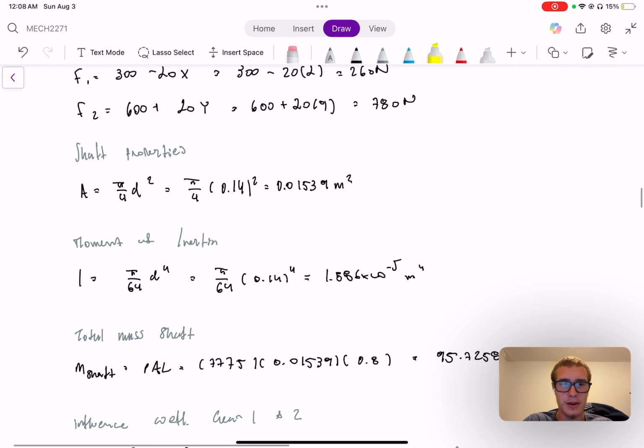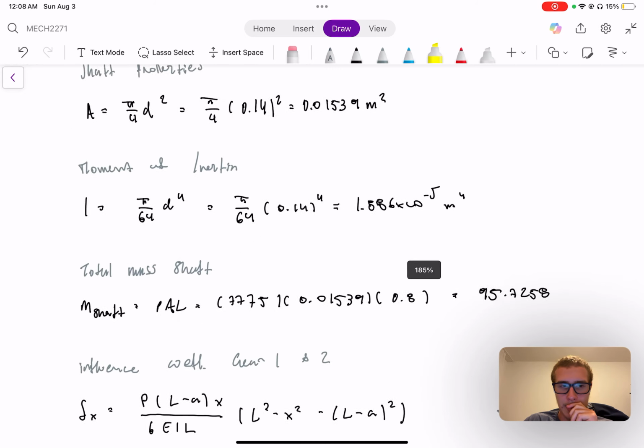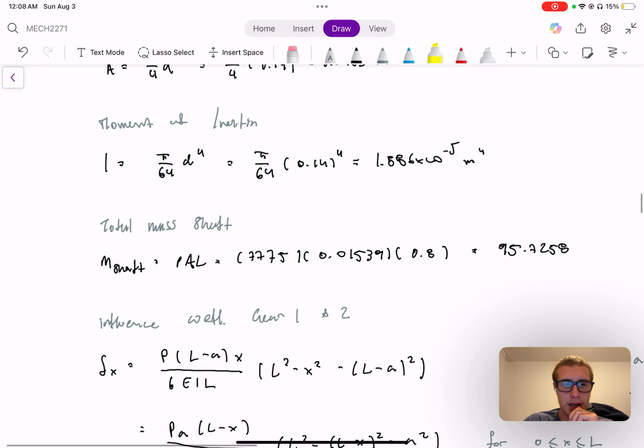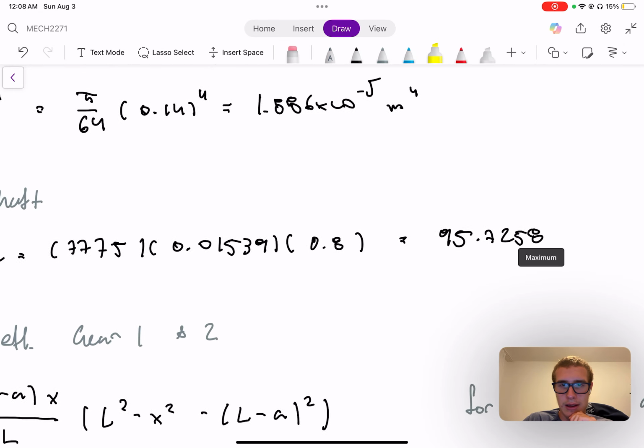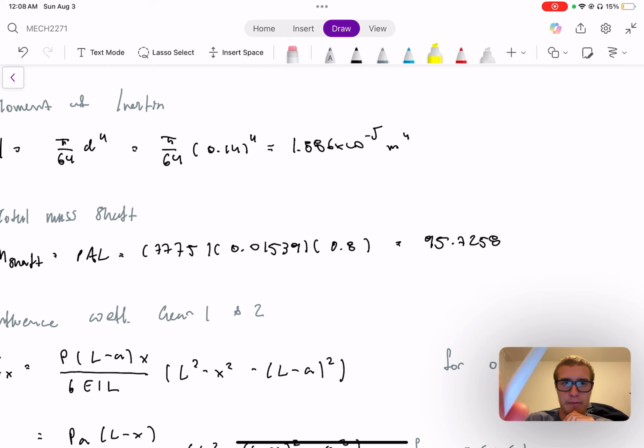The moment of inertia is pi divided by 64 times the diameter to the power of 4, which gives this value. The total mass of the shaft is given by the density times the area times the length, which you plug all the known values into. The only one that varies is the area. These two were given, and you get this in kilograms.